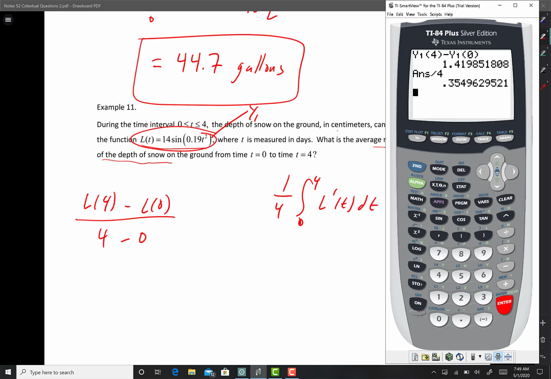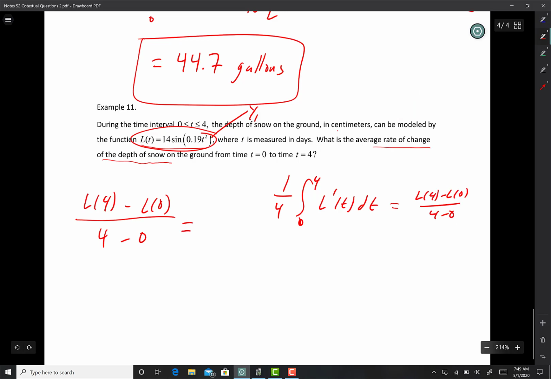And there it is, 0.355 if you round it. 0.355. And I need units. So the top is just going to give me centimeters, and the bottom is going to give me days, or time, which is in days. So centimeters per day. That is the average rate of change of the depth of the snow.